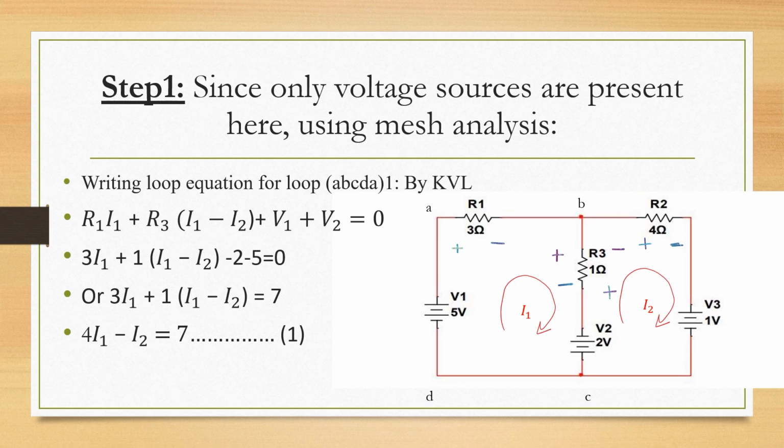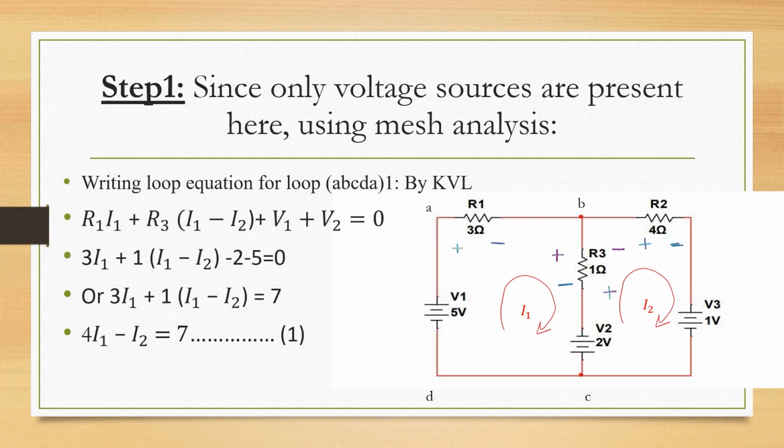For the I2 loop current, again note down the polarity. When the current is entering R3, it is positive, then negative. For R2, it is positive, negative. The loop currents we are considering are in a clockwise direction. For a voltage source, we can't change the polarity because it is a source.